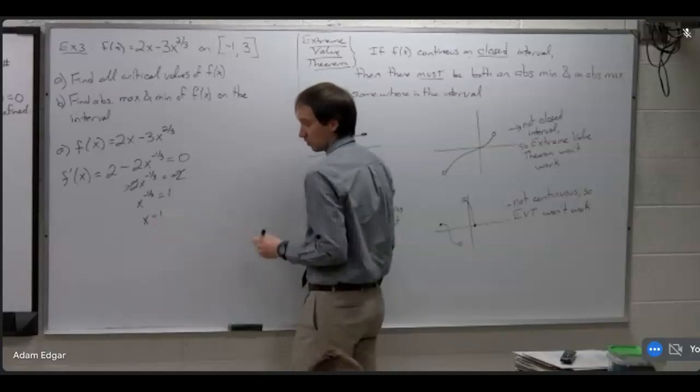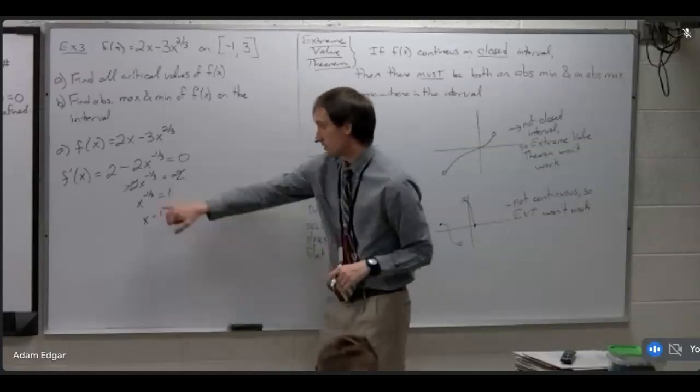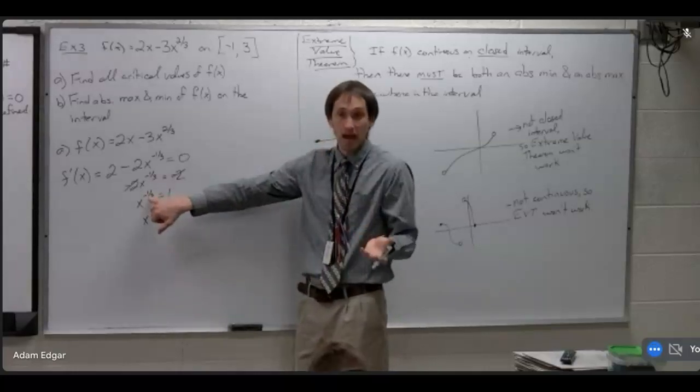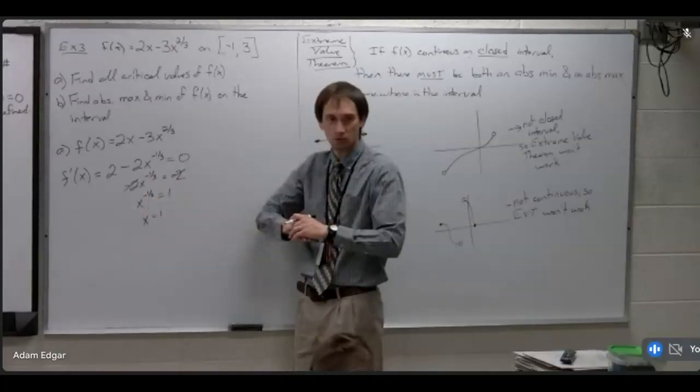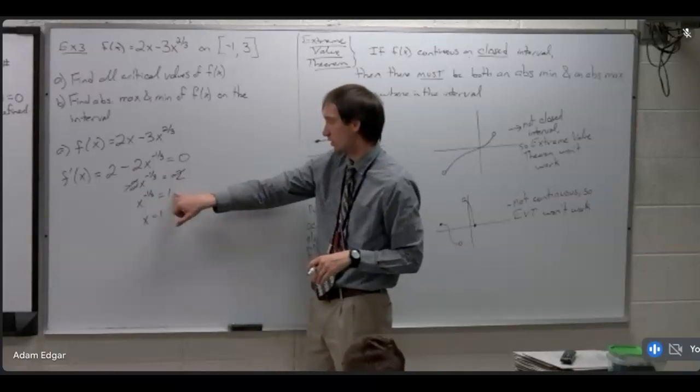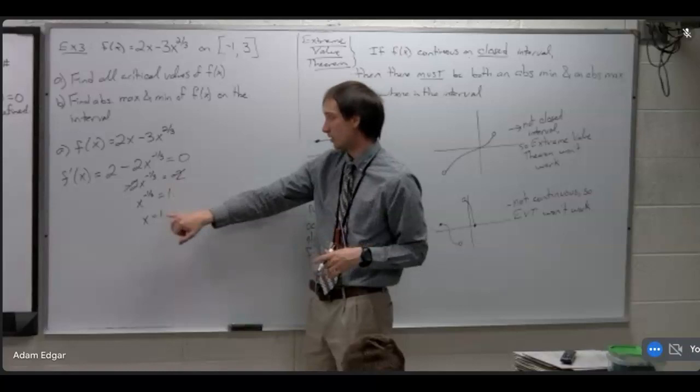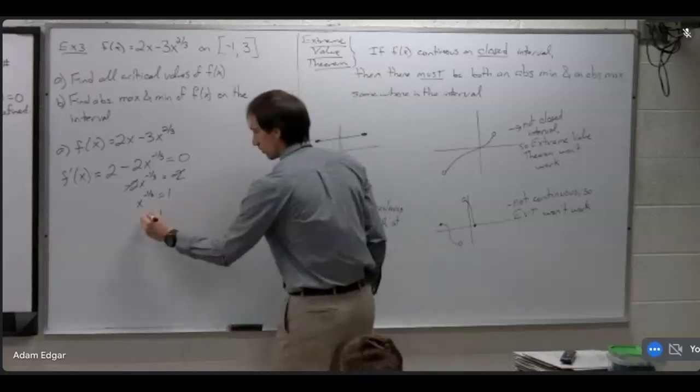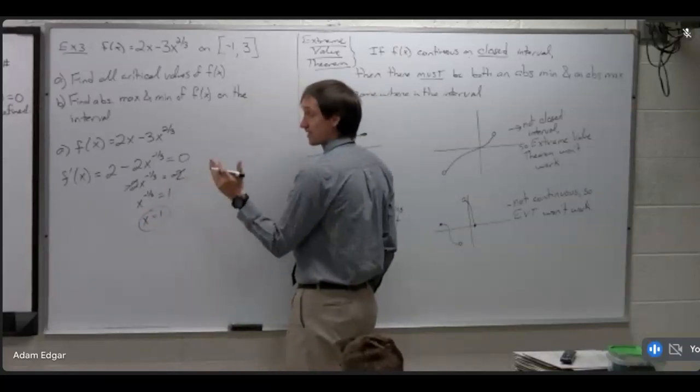Still 1. Because to kill that, you need to raise it to some power. You don't even need to worry about what power it is. You're raising it to some power to kill an exponent. 1 to any power is still 1. So that's one critical number. That's for when f prime of x is 0.